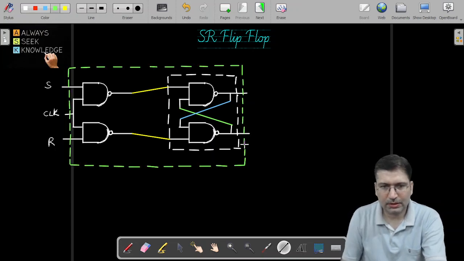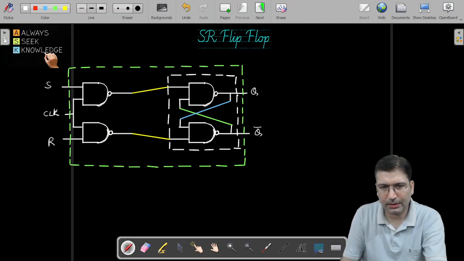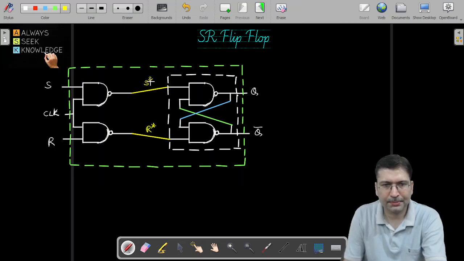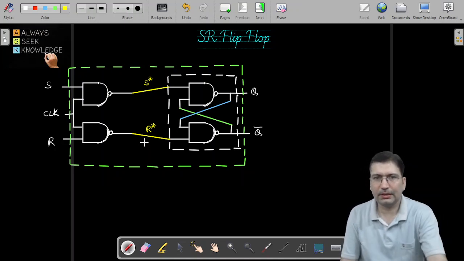So this green box is representing SR flip-flop, and this white box circuit is representing latch. We have already discussed that this pin is representing Q and this is representing Q bar. Here whatever we are getting, I'm giving different names. So here let's say this is S star or R star, asterisk, or you can say it is S dash or R dash. It is representing like that. So this is the diagram of SR flip-flop.